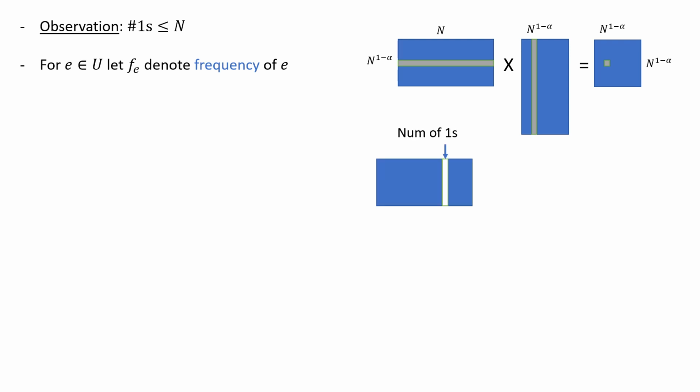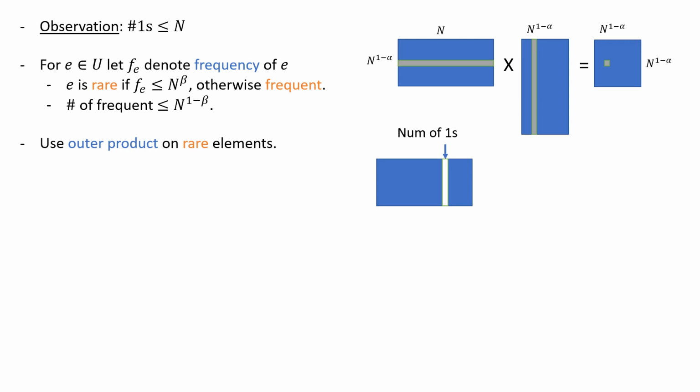Notice that fe is exactly the number of ones in the column corresponding to e. We say that e is rare if fe is at most n to the beta for some parameter beta between 0 and 1. Otherwise, we say that e is frequent. Notice that, as before, the number of frequent elements is at most n to the 1 minus beta.